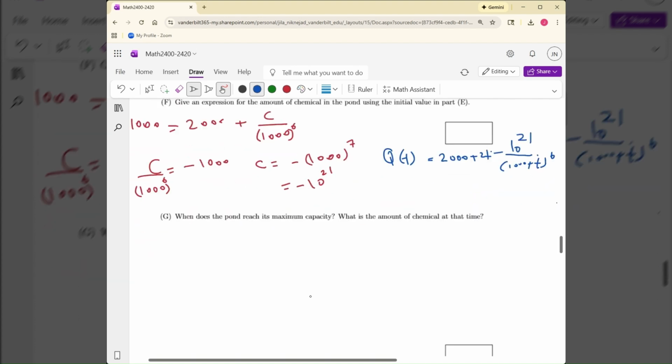So basically, this is a good formula, but it's not working forever. The capacity of the pond is 200,000 gallons. So only for a certain amount of time we can do that. Then we have to stop the process, or change the inflow outflow.